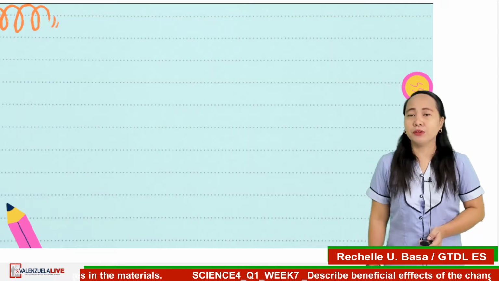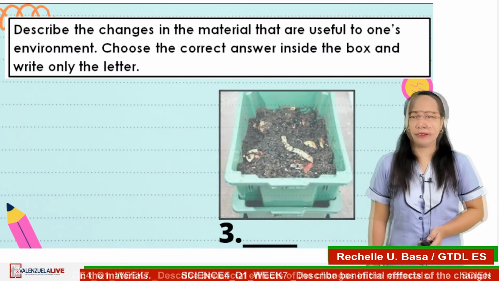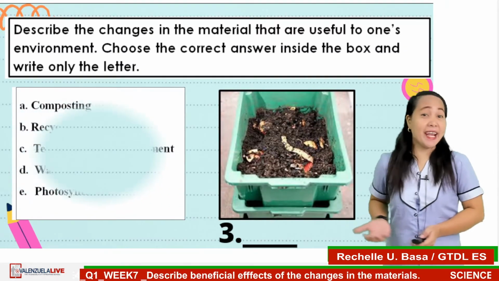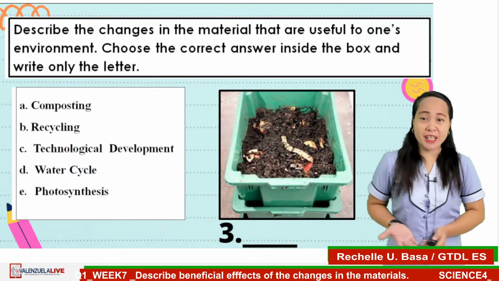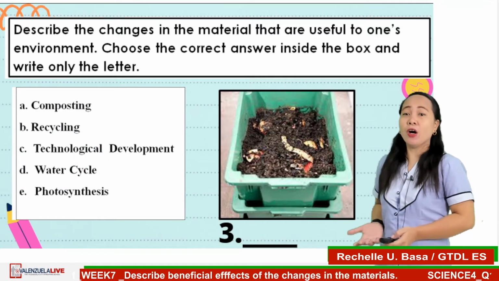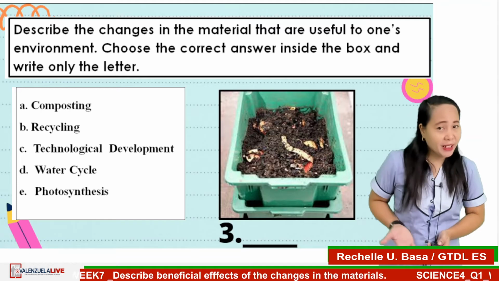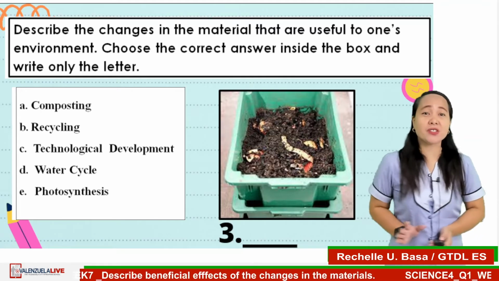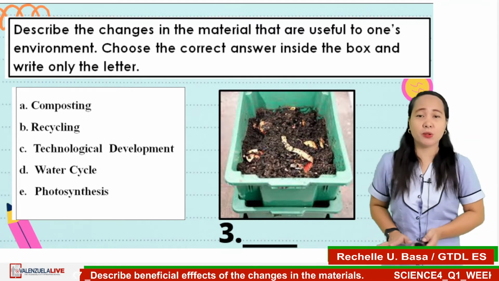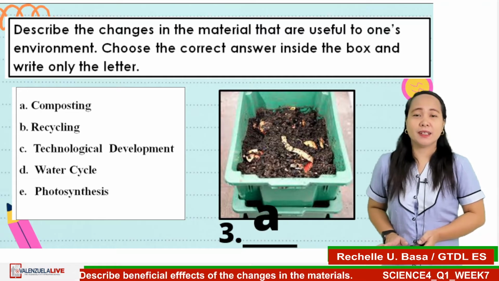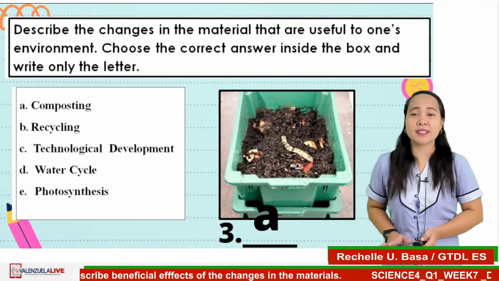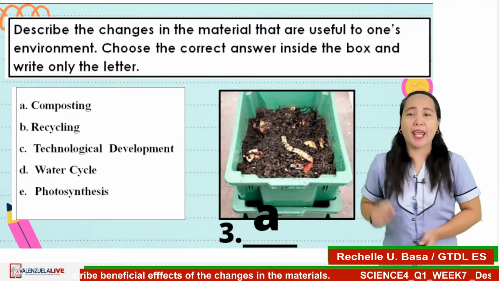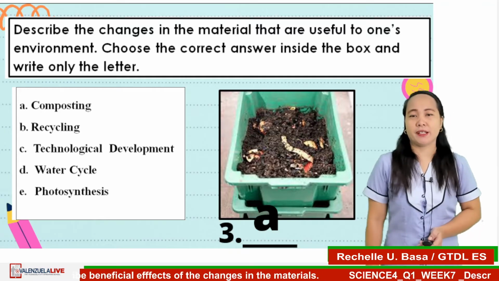How about for number 3? Is it A, B, C, D, or E? Just type your answer in the comment section below. And the answer is letter A, composting.